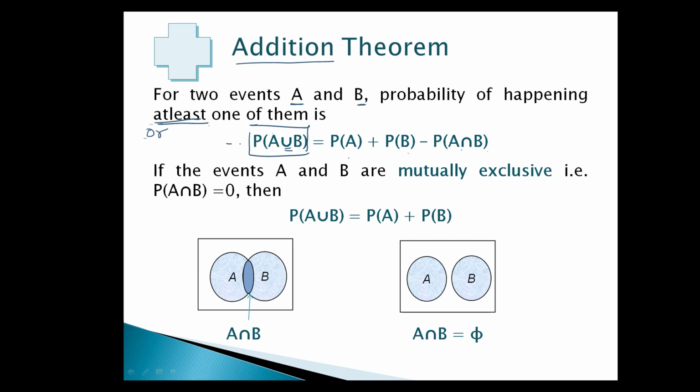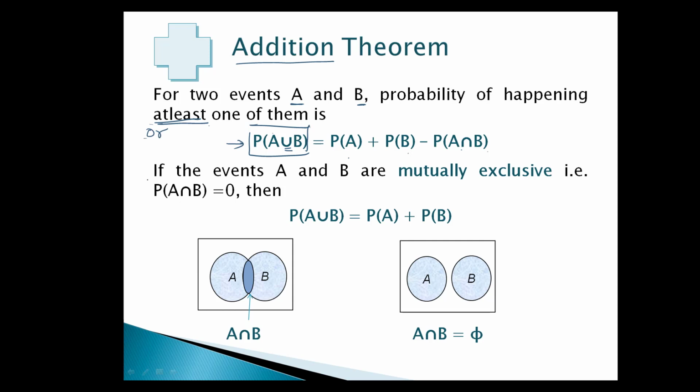So we can use the addition rule only when we are interested in the probability of at least one of them happening or either of them happening. Then the addition rule is applicable. I hope you are getting the trick here. We will discuss it later on again.